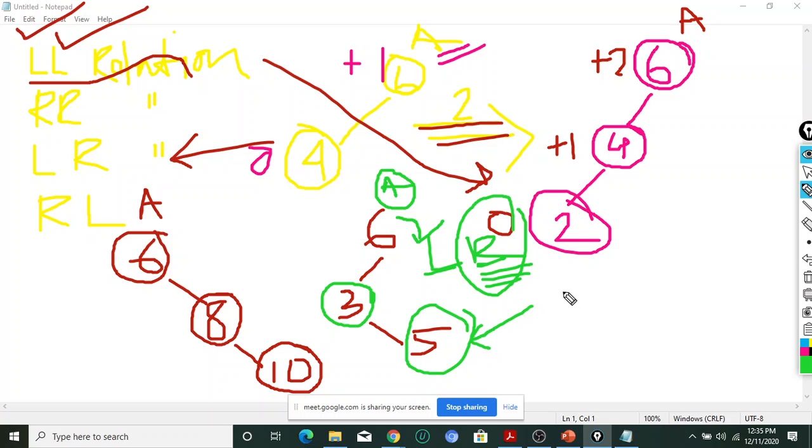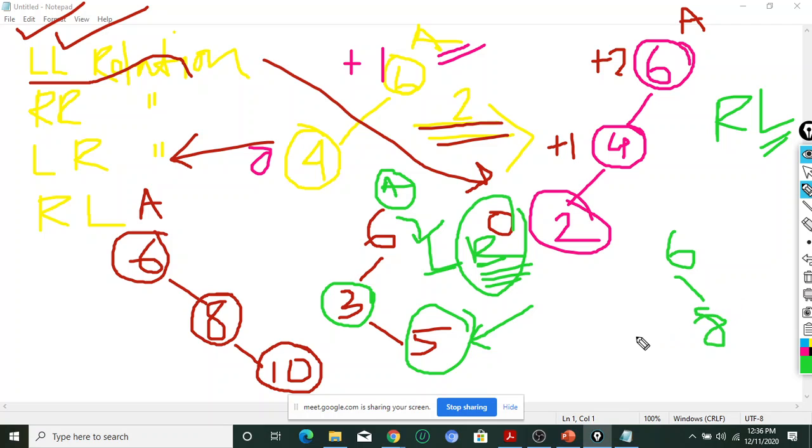And if I consider RL, it will be very clear to understand. What is the meaning of RL? I want to insert the tree node in the left of the right subtree of node A. Yes or no? Yes, sir. So I will make it inserted left.